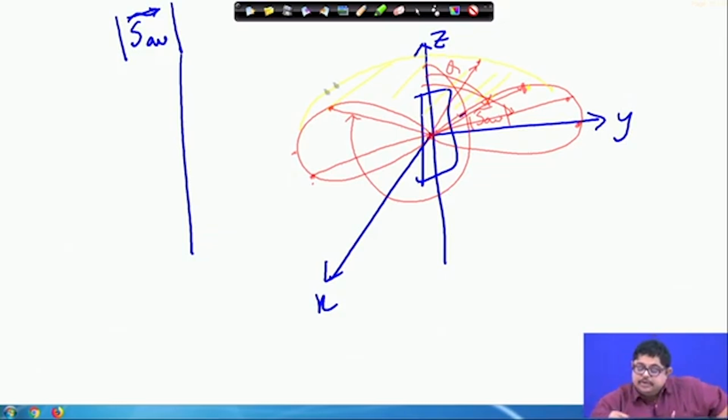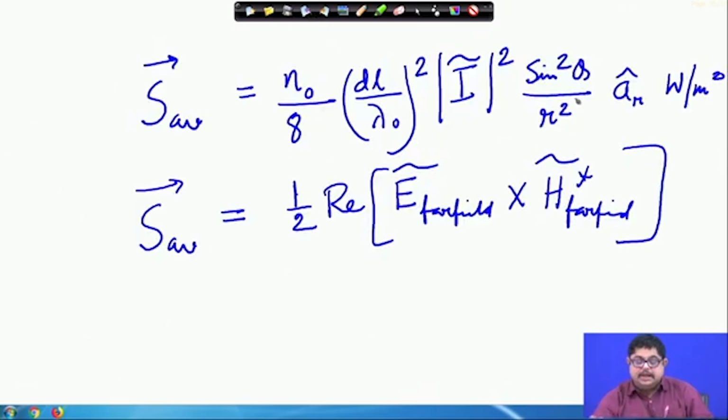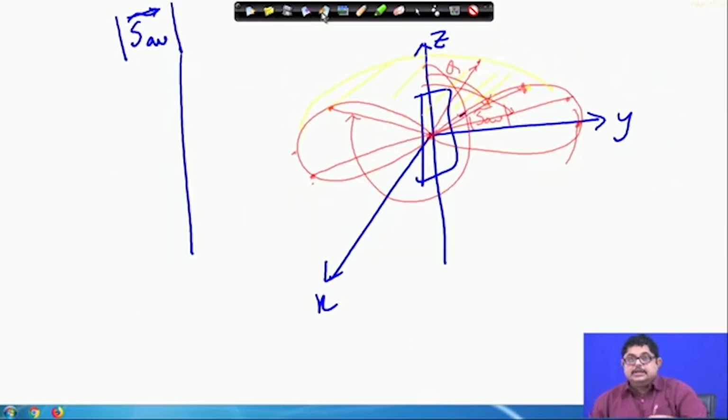And also you can see, if we look at this expression, S average does not have any variation with phi. That means that along the azimuthal direction there is no variation. So, that is why it is uniform.